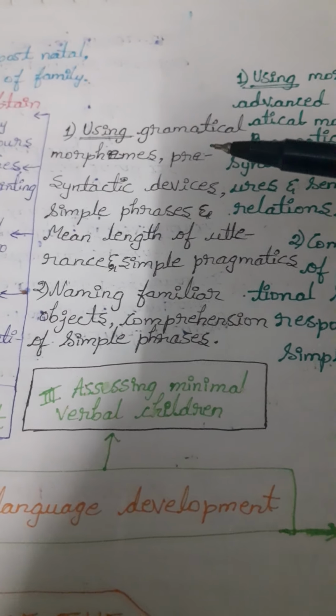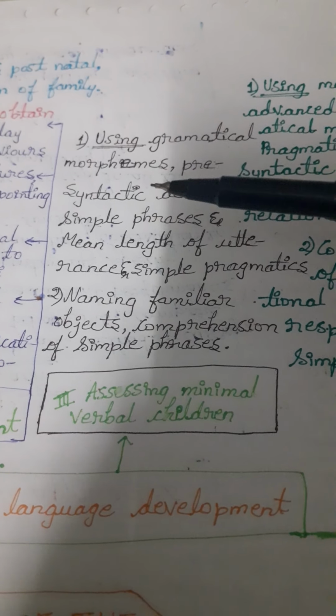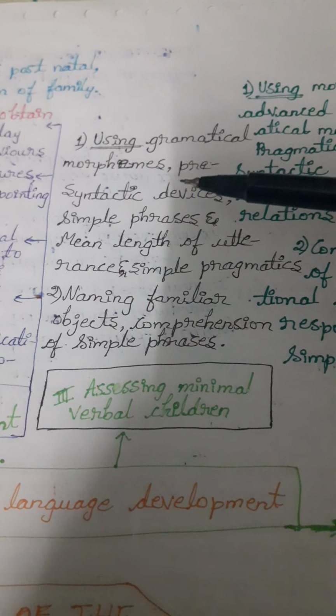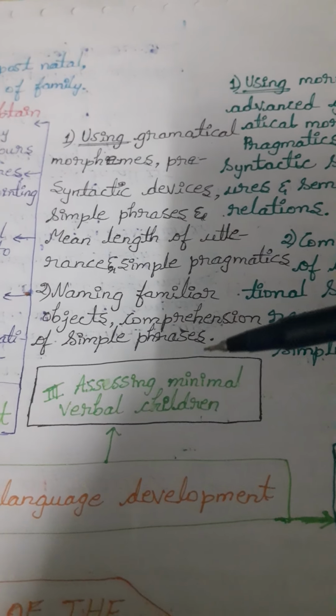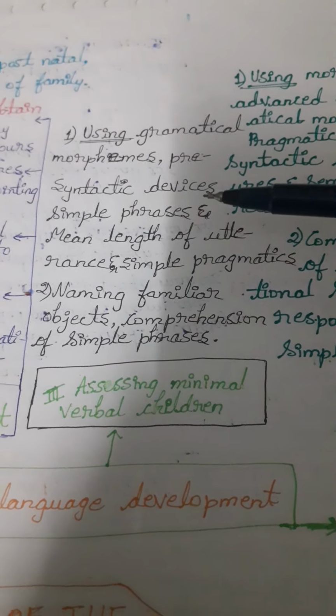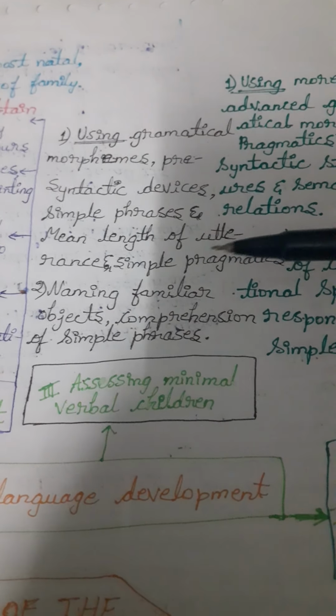It uses grammatical morphemes. Morphemes are a morphological unit of a morphological structure used in a language. So assessing minimal verbal children uses grammatical morphemes, pre-syntactic devices, simple phrases, and mean length of utterance.